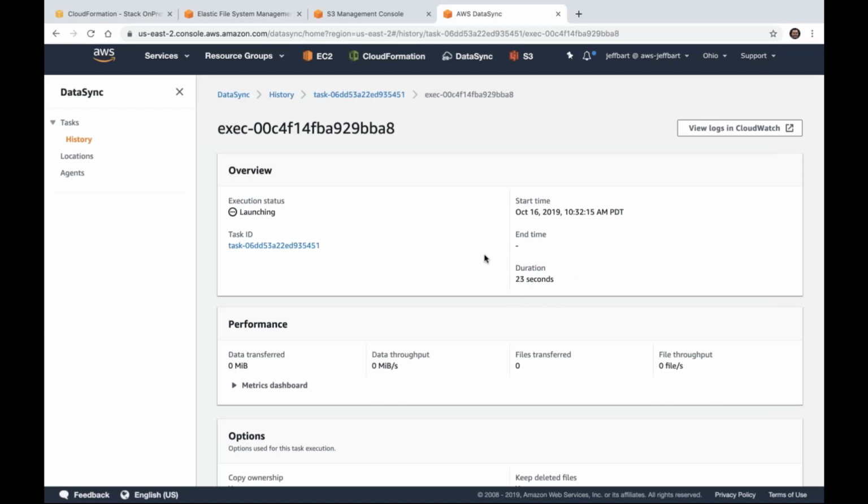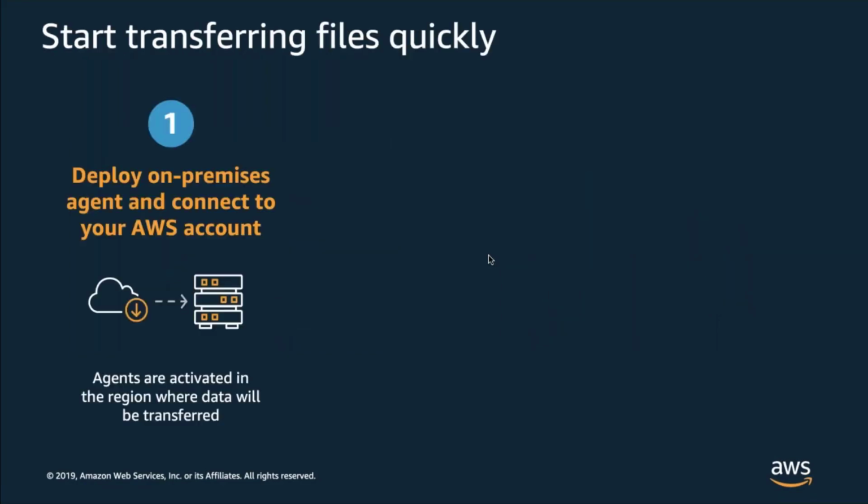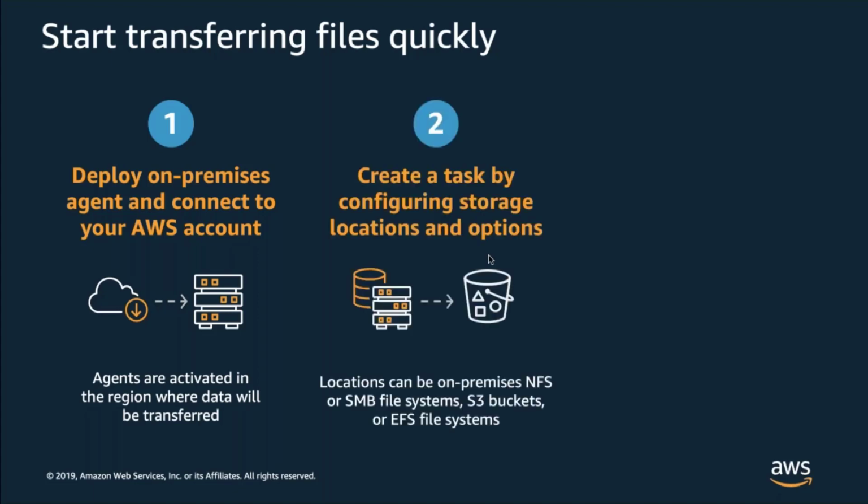Now, while that's going on, I'm going to jump back to the slides and talk a little bit about what we just did to set up this task. So to get started, what we did was we deployed the agents, and then we activated them in our destination region. And remember that agents are activated in the region where data will be transferred to. And then the second step, we configured our storage locations.